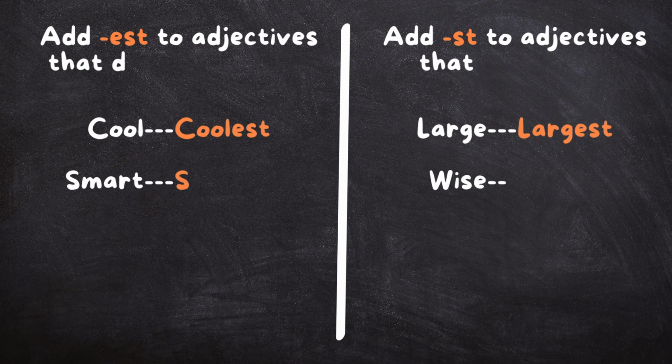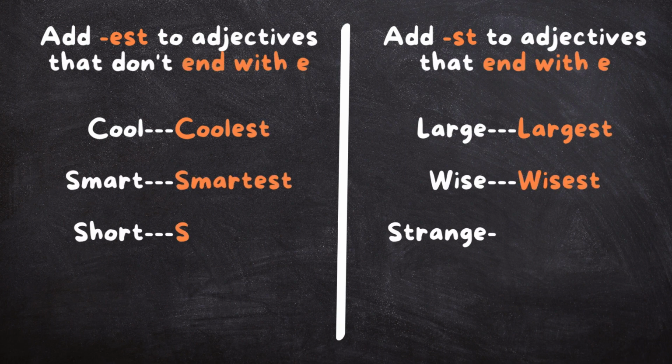So, add est to adjectives that don't end with e. So cool does not end with e, so you add est to it to get the superlative form. So you get coolest. We move on to smart, smartest, short, shortest. They don't have e at the end, so you just have to add est to get their superlative forms.